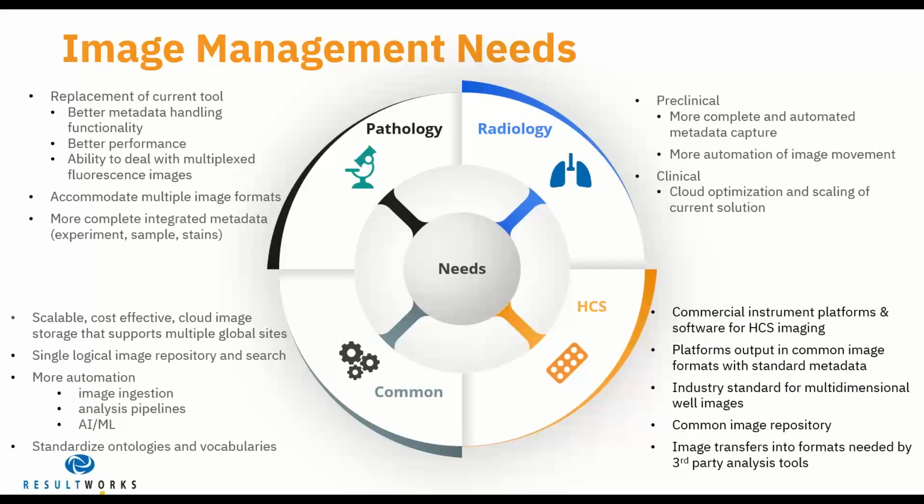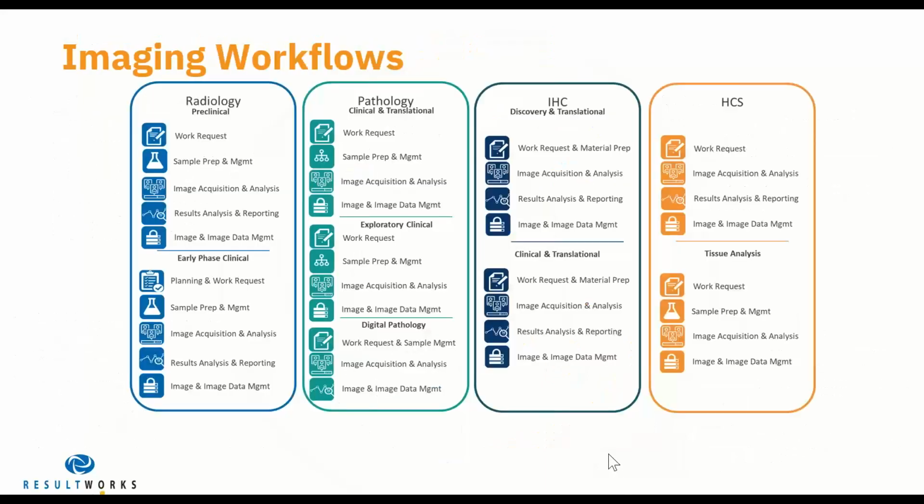We needed more automation around image ingestion, around piping images into tools for analysis, around using AI and ML tools and other evolving technology. We needed to standardize on ontologies and vocabularies across the company so that it would be easier to find and link and search and then access images. So that's the backdrop of needs.